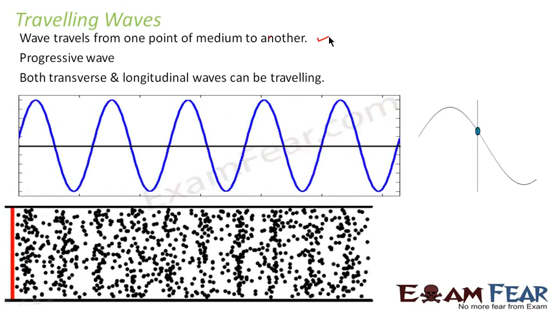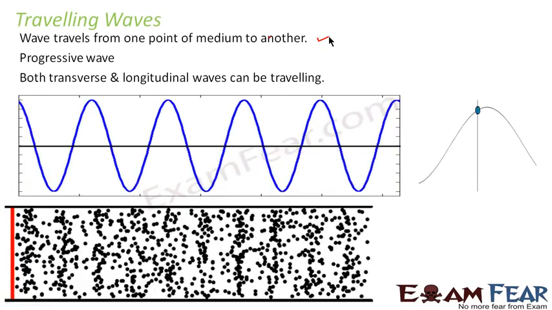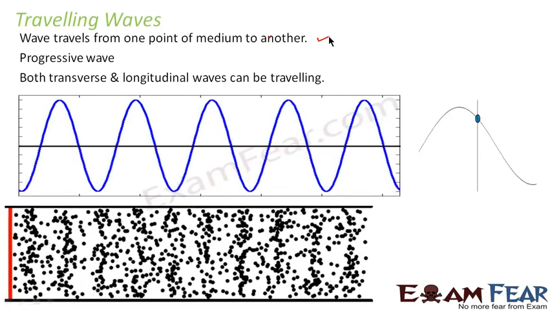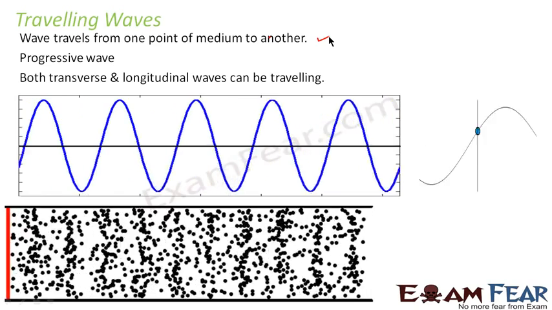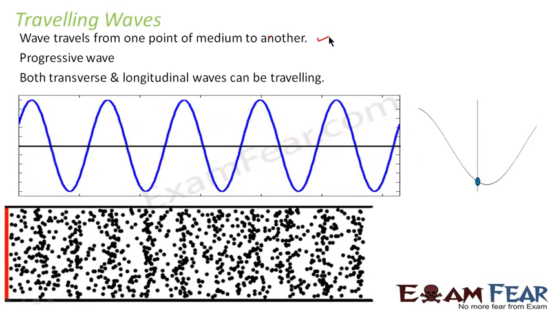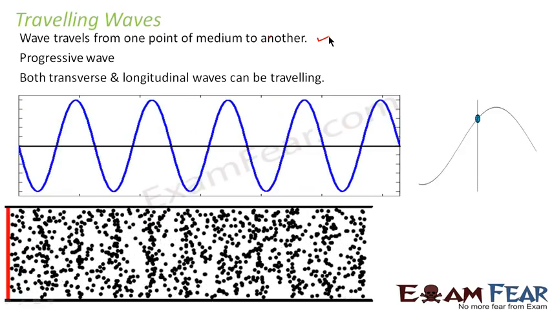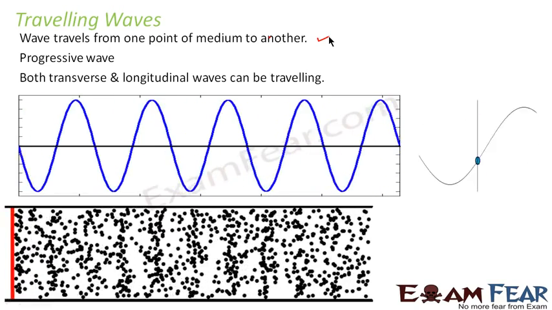Now that I have discussed some of the types of waves, not all yet, because we are still left with standing waves. Standing waves is something which we will discuss in the second half of the chapter, because the concept of standing waves is quite different from all these waves.